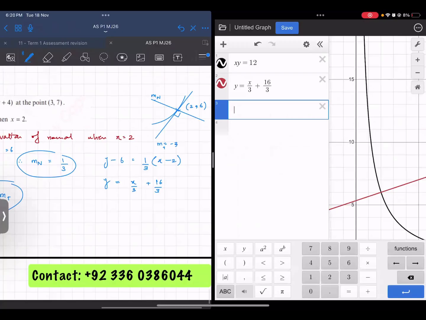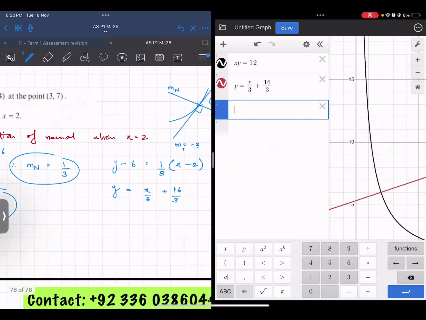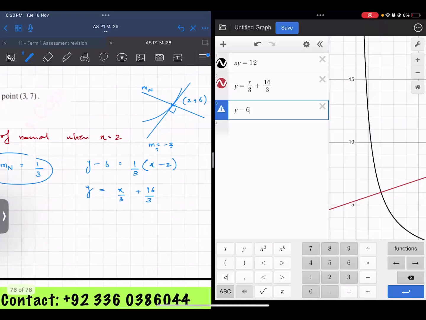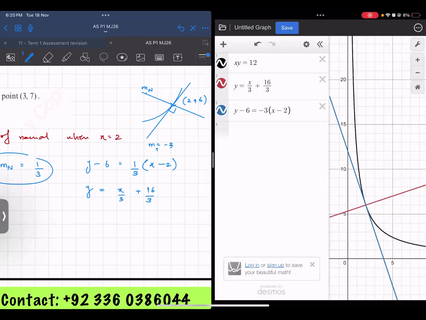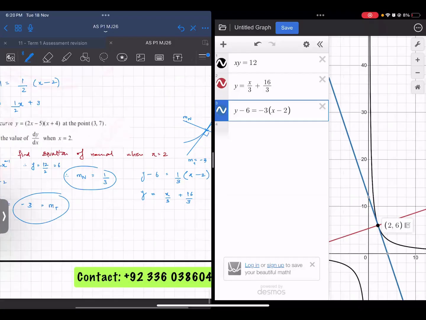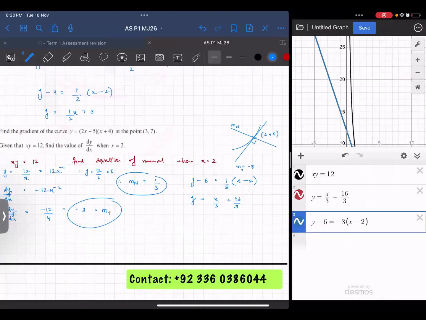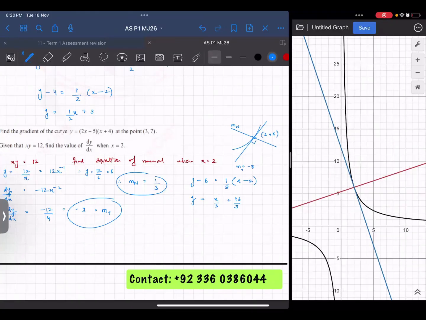Your tangent will use the same point, but the gradient is minus 3, so y minus 6 is equal to minus 3 times x minus 2. Look, all three of them are on the same point, 2 comma 6. The blue line is the tangent, the red line is the normal, and the point is the same. So all three of them are connected: normal, tangent, and the curve itself.